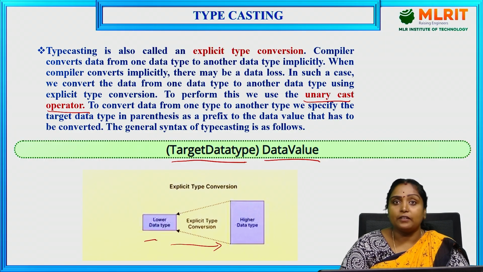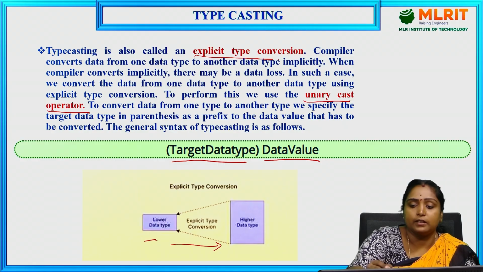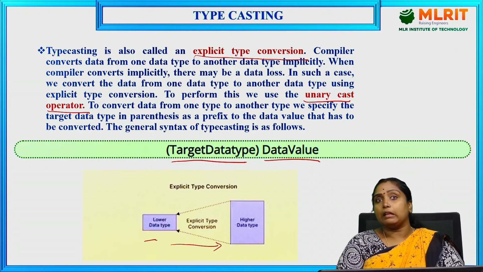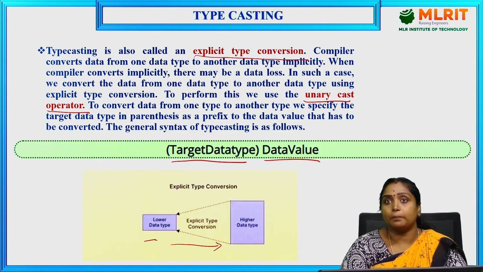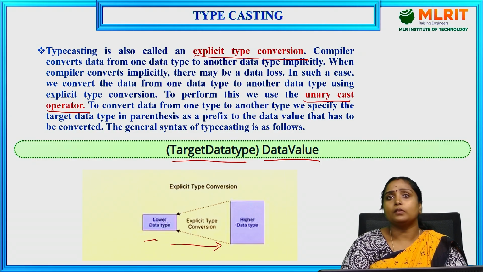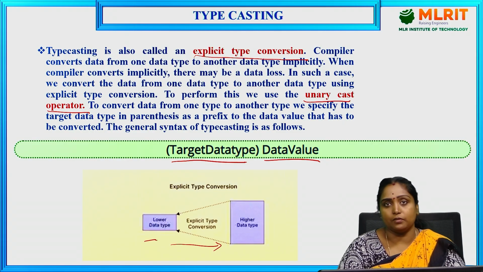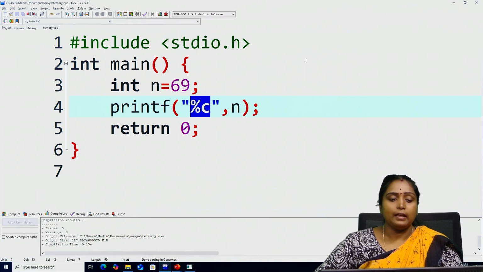So to convert the data from one data type to another data type, if we specify the target data type, then it is said to be explicit type conversion. In implicit conversion, the compiler converts the data from one data type to another, but sometimes you might lose the data. In such cases, we are going to use the explicit type conversion. Let us go with a small example program for this. See here.